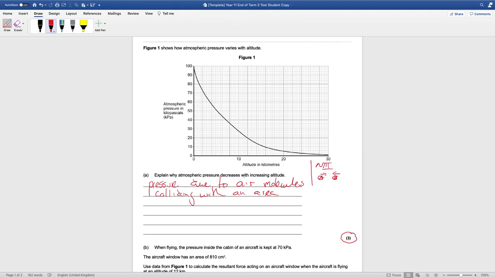It is the collisions with the walls of the container, the collisions with surfaces, that cause the pressure. So pressure is caused by the air molecules colliding with an area or a surface.